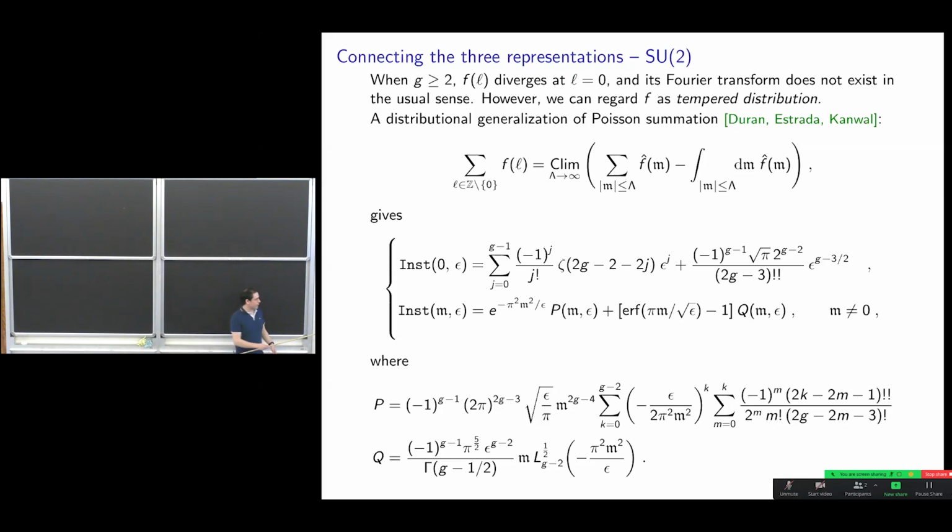You can also rewrite this in terms of Hermite polynomials, but that would involve complex Hermite polynomials in a way that in the end it becomes a real expression. But anyway, this is it. This can also be written as a sum of Hermite polynomials, but this is the most compact way that you can write this. And you see that here you have a dependence on the topology everywhere.